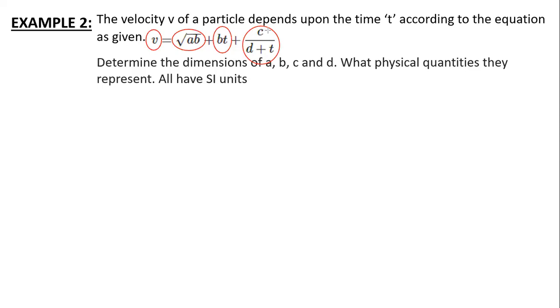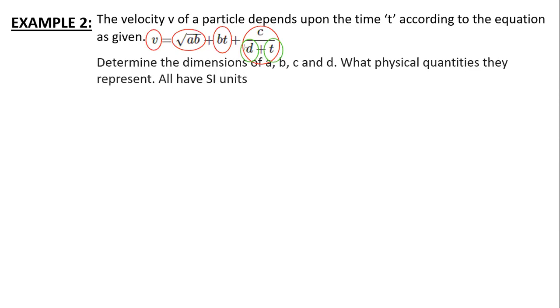If I compare your fourth term, in the denominator there is again a plus, meaning two quantities are getting added. Only two like quantities can be added or subtracted as per dimensional analysis.